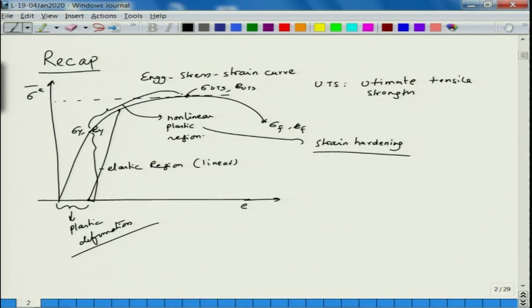And then there comes a point at which the load is maximum. This point is called as ultimate tensile strength or maximum load point, at which there is a phenomena called as necking that occurs.